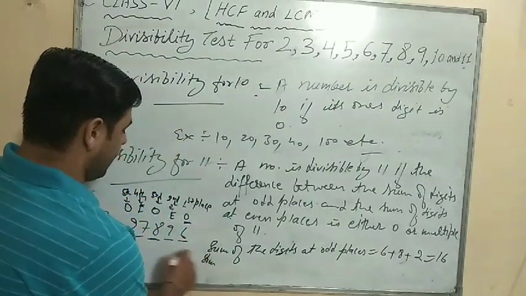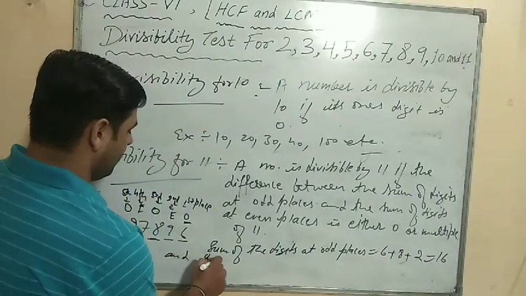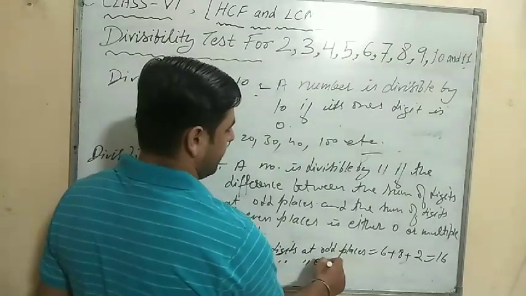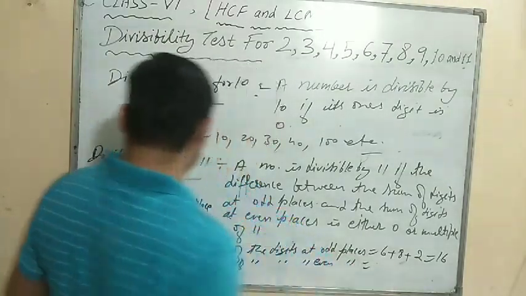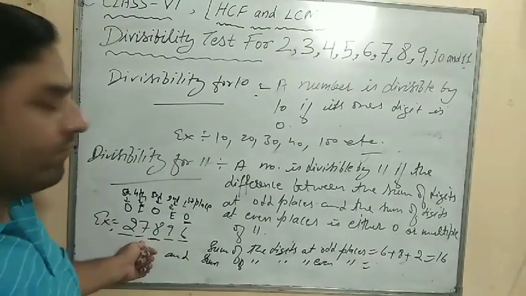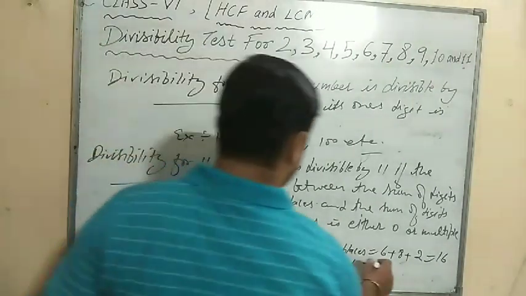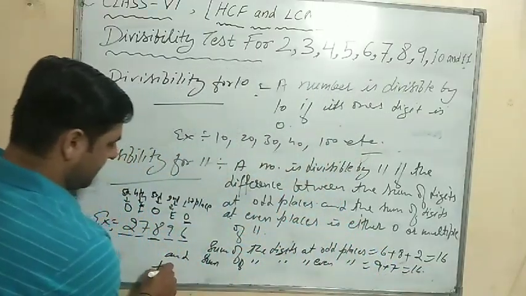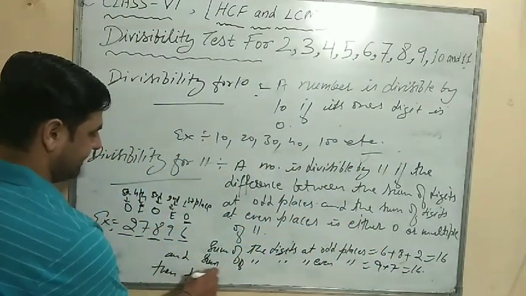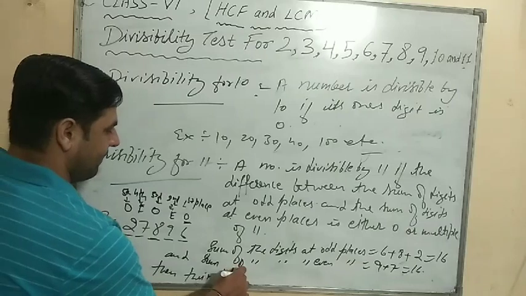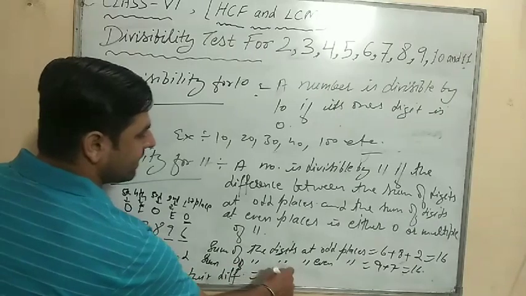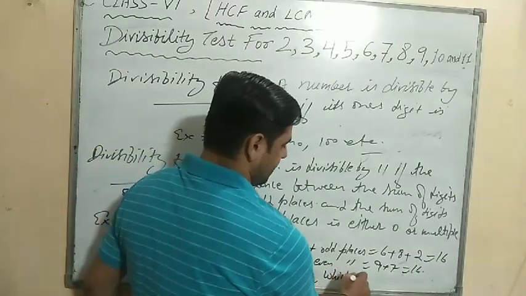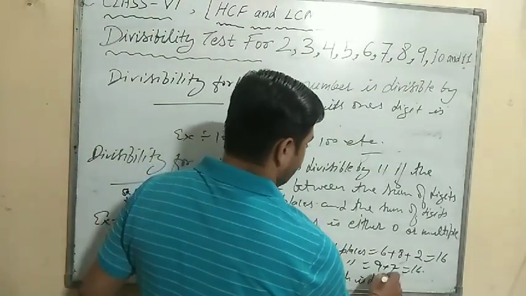Next, the sum of the digits at even places: second and fourth place. So 9 plus 7, that is 16. Then their difference is 16 minus 16, equal to 0. So it is divisible by 11.